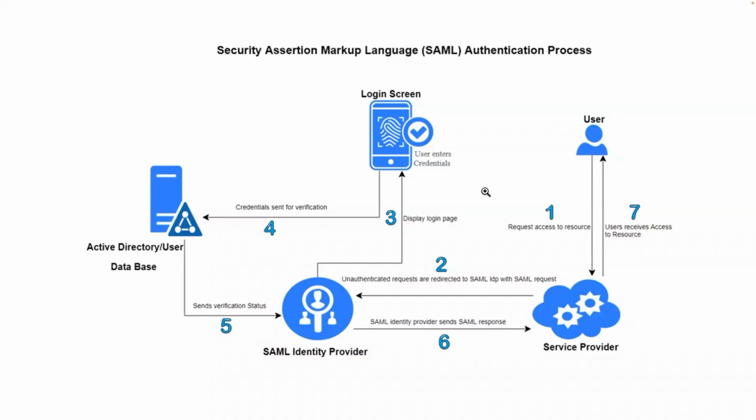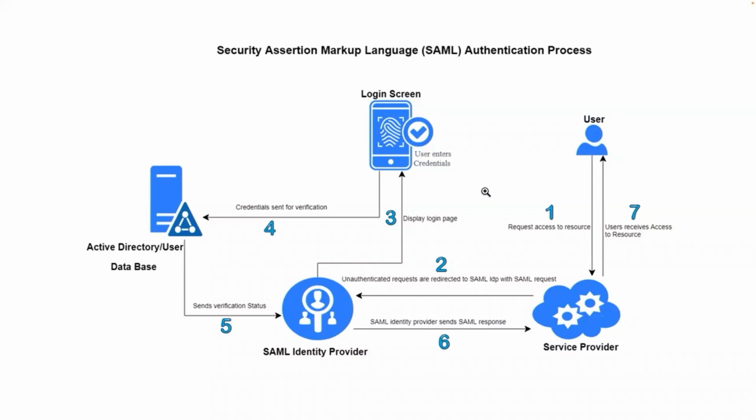And then if they log in successfully, the verification status goes to the IDP, which will send the SAML response to FortiWeb, which is the service provider. And then we will give the access to the user. So this is the way SAML authentication works.